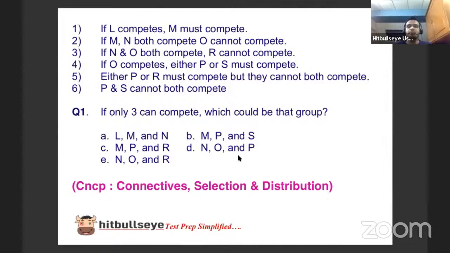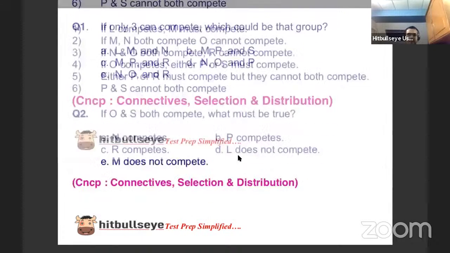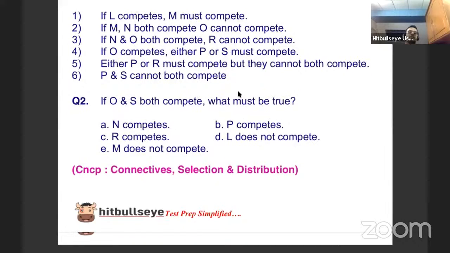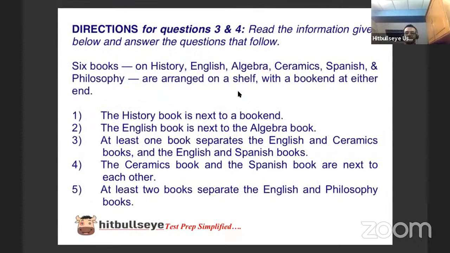Every question is separate. It is not dependent on the previous question, right? You have to check for all possible scenarios. Very important. You can't just have one scenario and say, this is my answer. No, you have to check for all the possible scenarios, right?